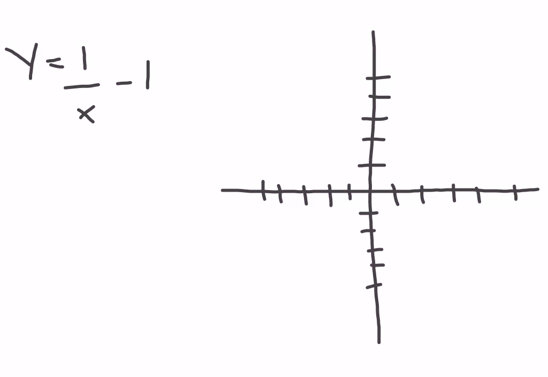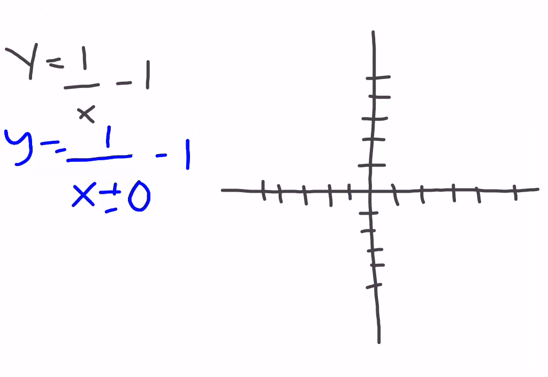Number 2 says, it's asking us to graph the function y equals 1 over x minus 1. Now, notice that is the same thing as y equals 1 over x plus or minus 0, minus 1, okay?